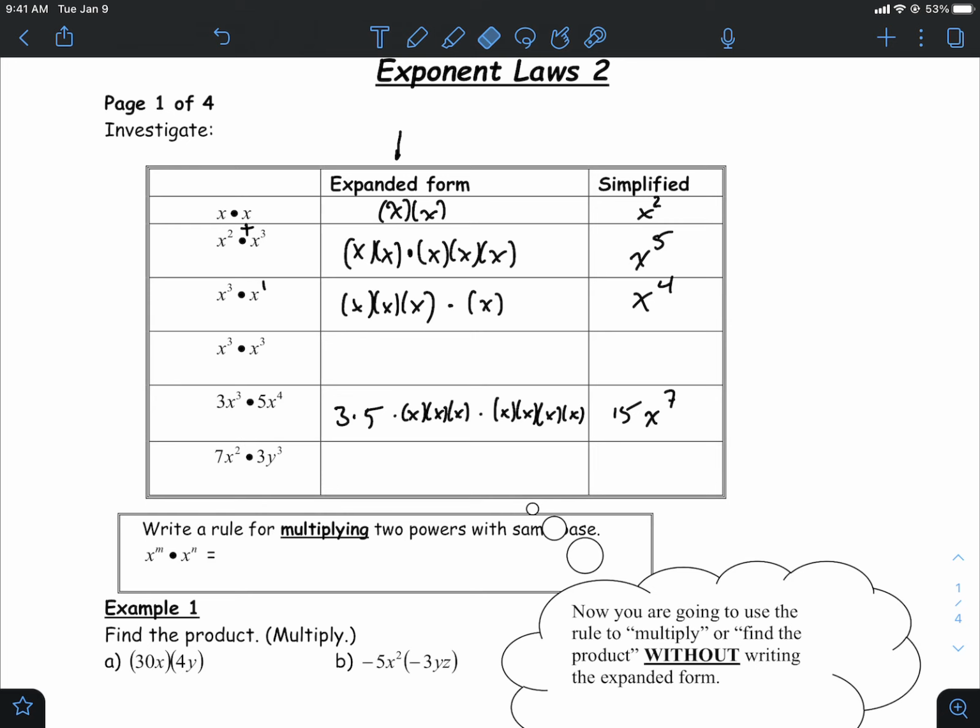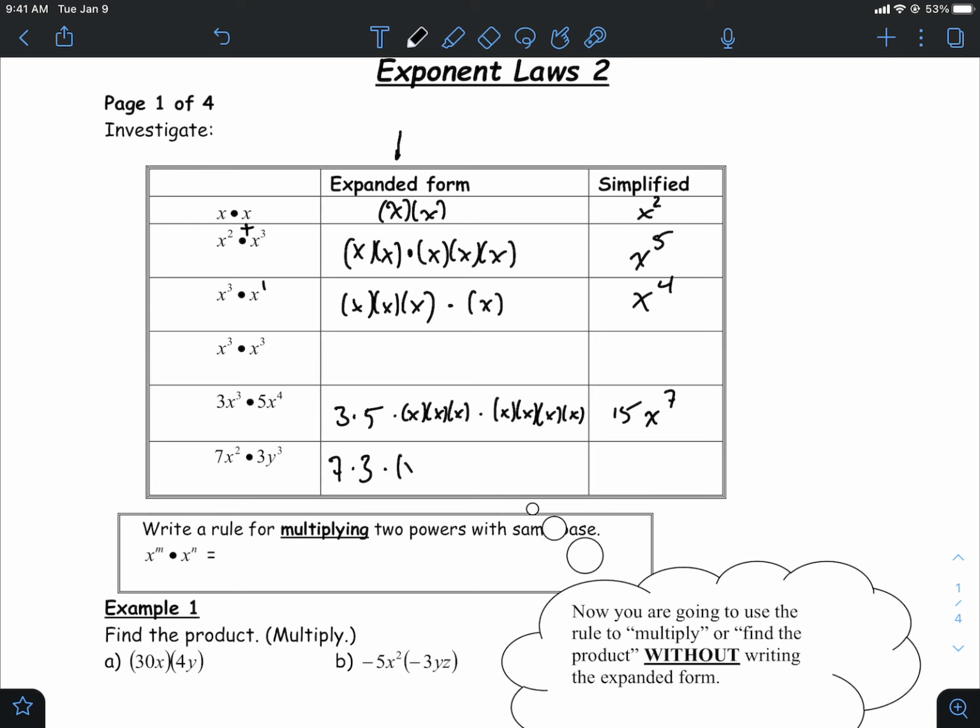Maybe what we didn't see on Friday was a question like this one. It's not that particular, because there's not a whole lot to be done if the bases don't match. The bases here being x and y. So you can't add those exponents together because they're different bases, okay? But if I were to write this out in expanded form, I would end up with something like 7 multiplied by 3.